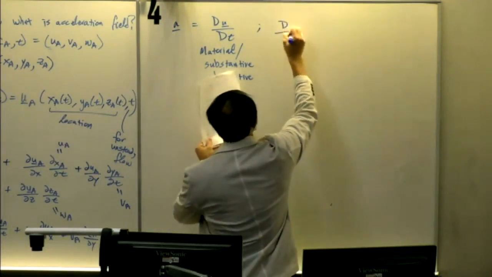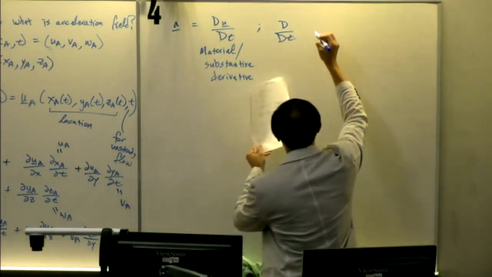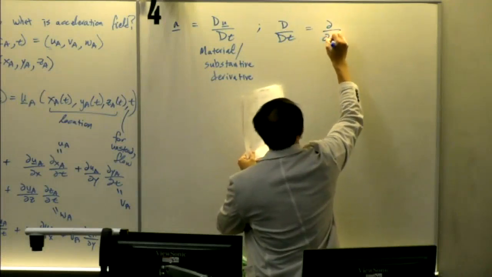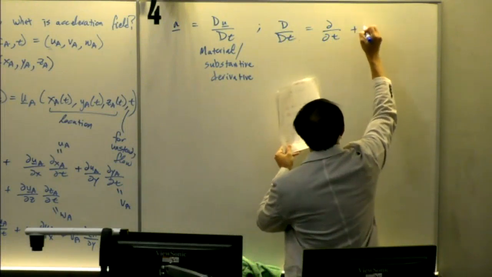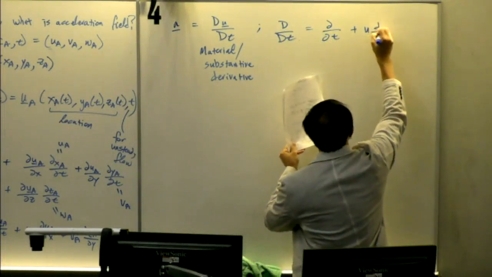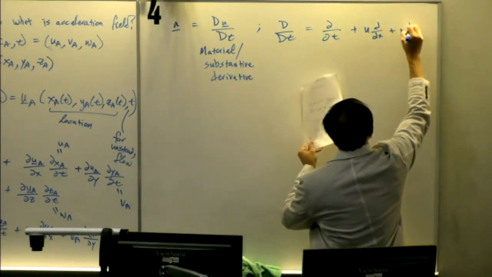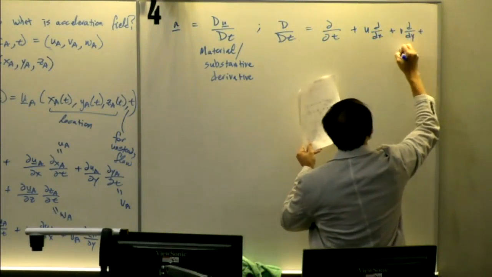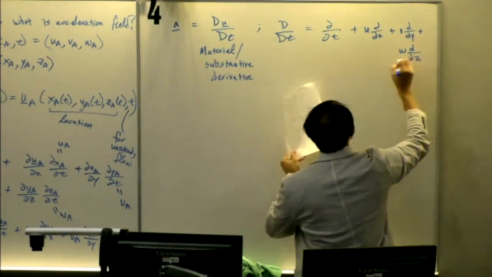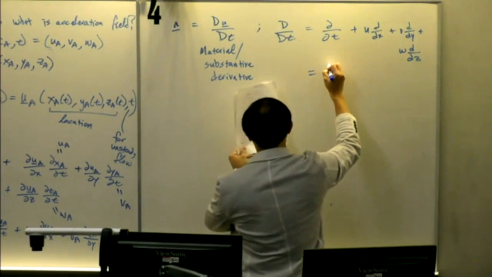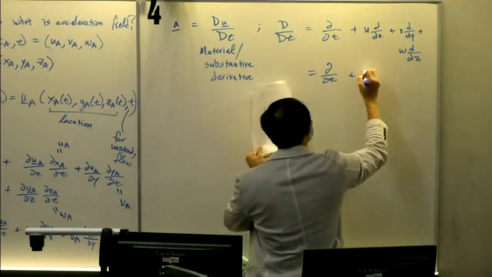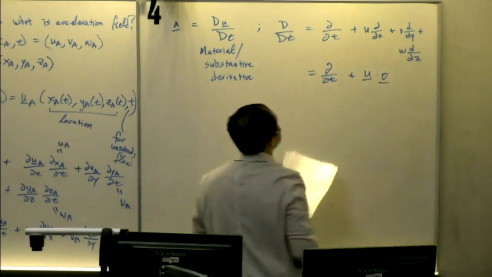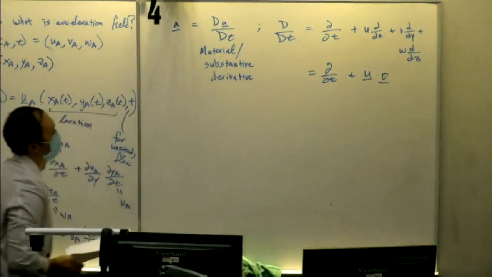And basically, we use the definition capital D by Dt. First, you have the partial derivative, and then you have the convective one: u d/dx plus v d/dy plus w d/dz. And that's what this comes from.